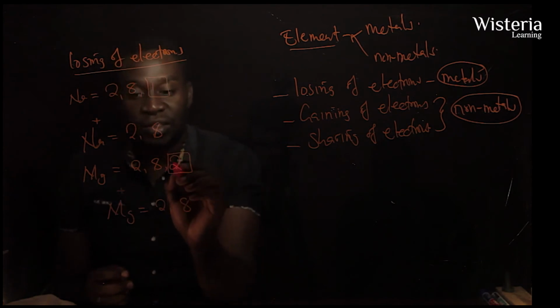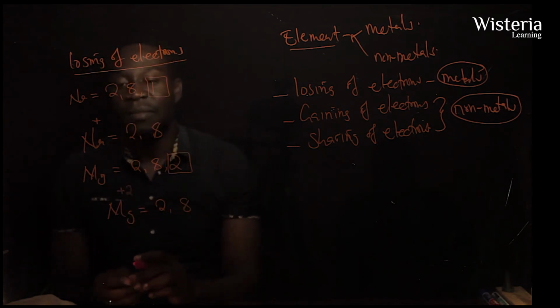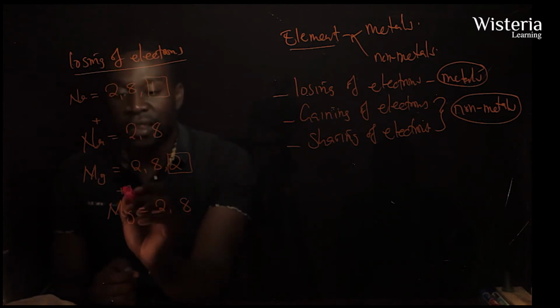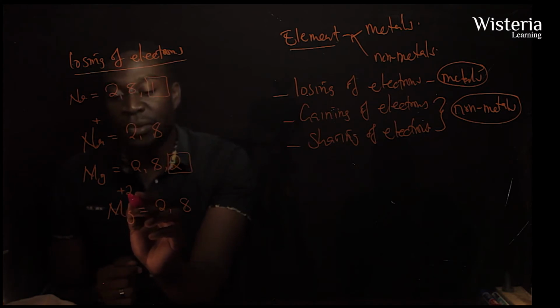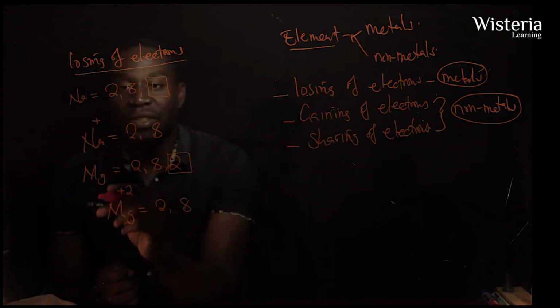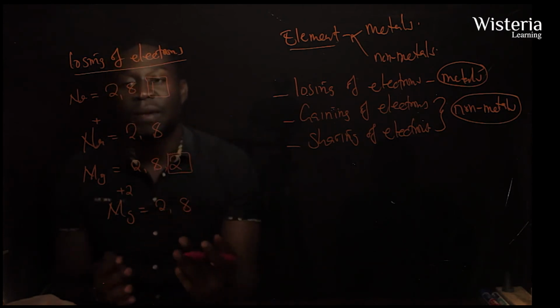How many electrons? 2 electrons. So it becomes positive 2. Magnesium has lost 2 electrons. The positive sign shows that magnesium has lost electrons, and the 2 shows that it has lost 2 electrons. So during the losing of electrons, they become positive.